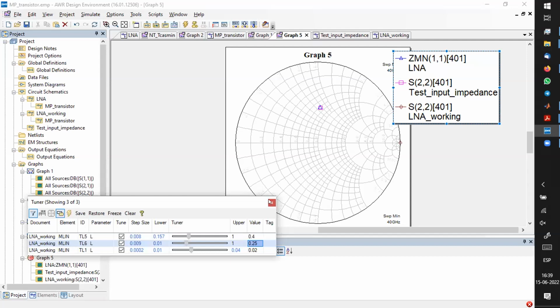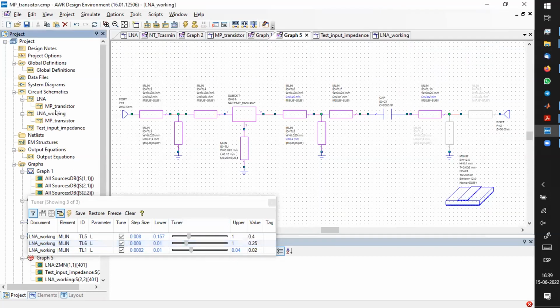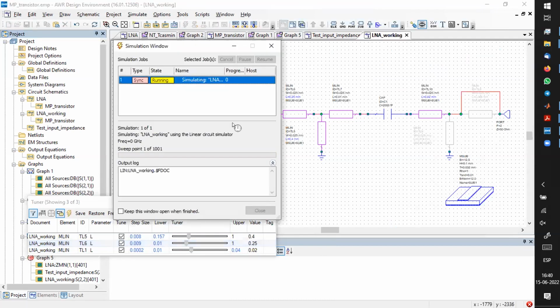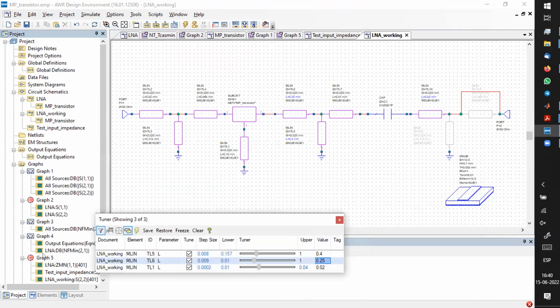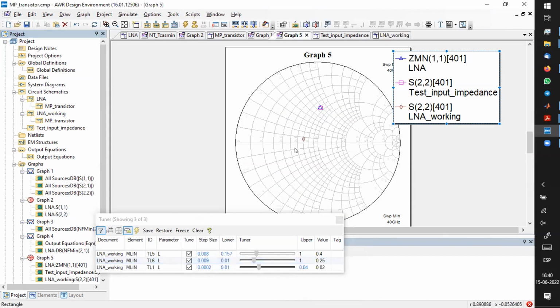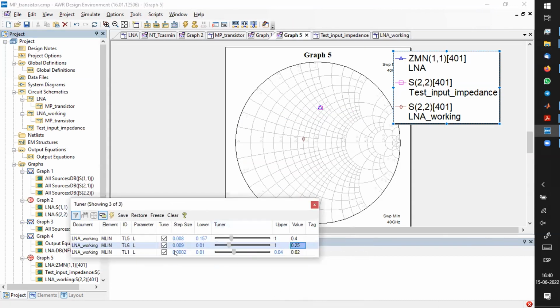So the output is not connected, I bet. It's an open circuit. Yeah, we don't want to go away from the point.